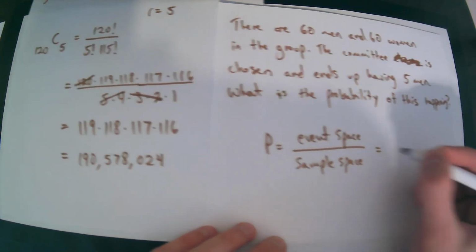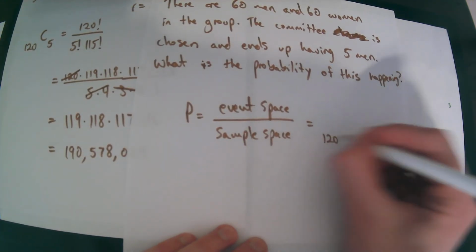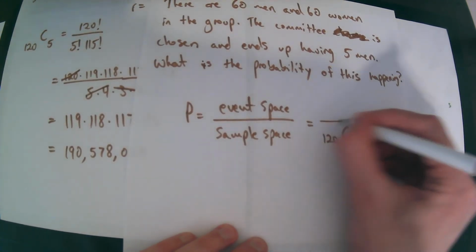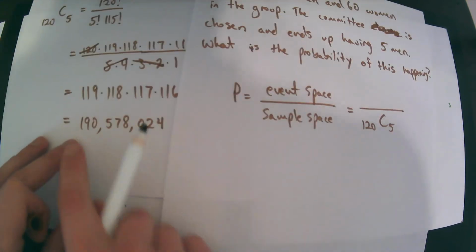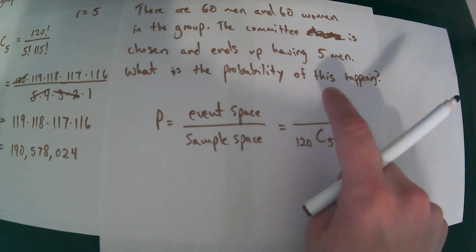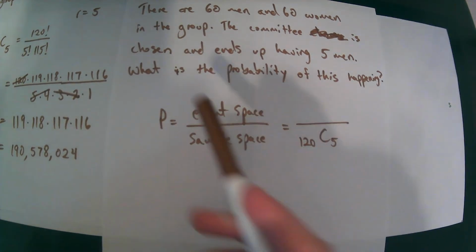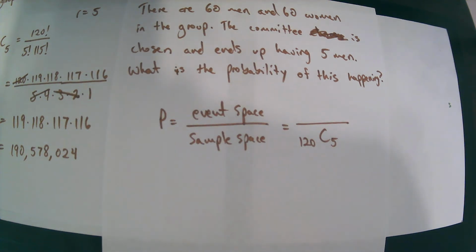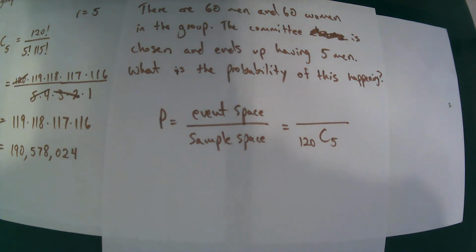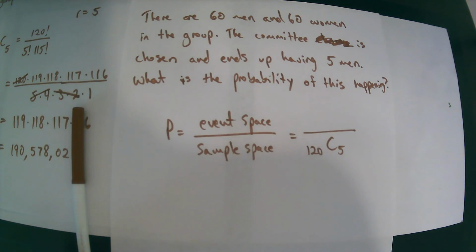But we've already got our sample space, which I'd like to write very cleanly just as 120C5. We'll replace it with its actual computation in a second. What would the nice clean version of event space be here? Well, the number of ways that there are to have 5 men in the committee. So how could we calculate that? How many ways are there to pick just 5 men?